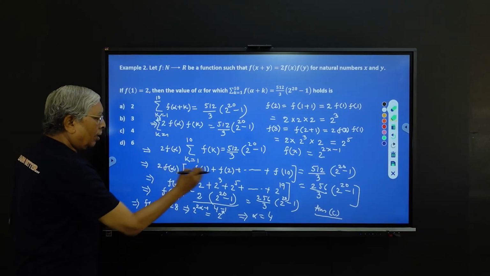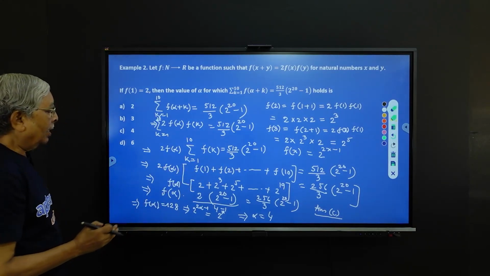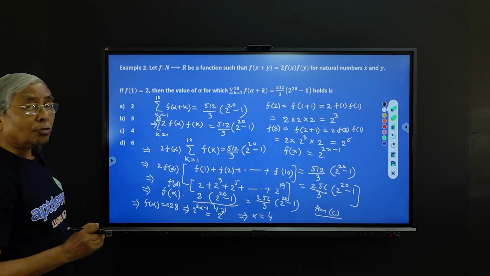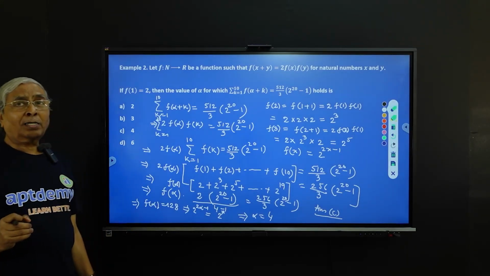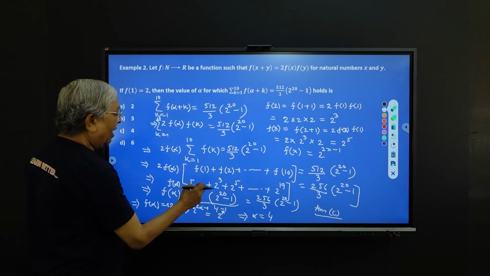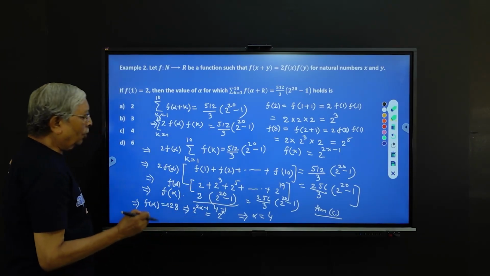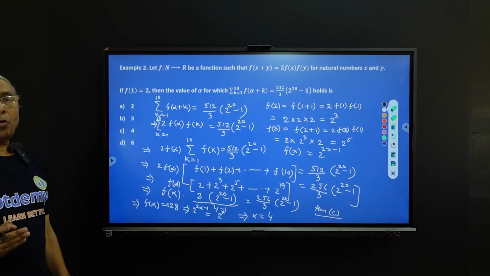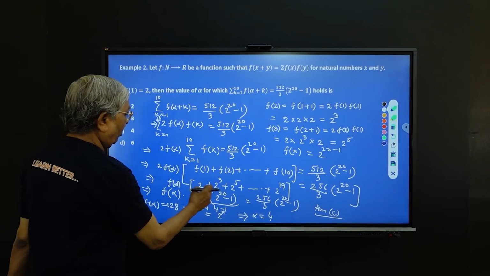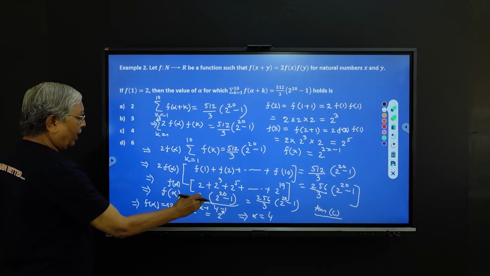So now break it up. This is the GP series whose sum is a into (r to the power n minus 1) by (r minus 1). First term is 2 and r is 2 squared. So a into (r to the power n minus 1) means (2 squared) whole to the power 10, that is 2 to the power 20 minus 1, by 4 minus 1.